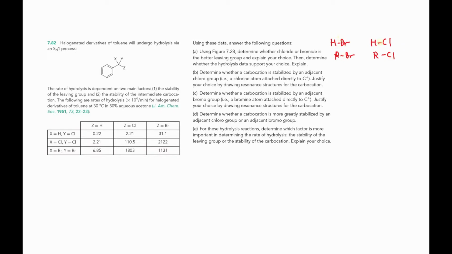Based on the acid and base of these two, hydrobromic acid and hydrochloric acid, hydrobromic acid is stronger. Its pKa value is much lower, and it has more polarizing effect due to the larger atomic size. So the Br minus, because it's stronger, the conjugate base will be much more stable as opposed to the Cl minus.